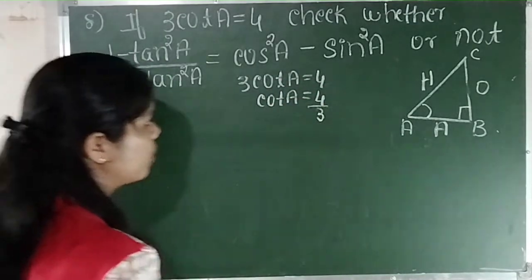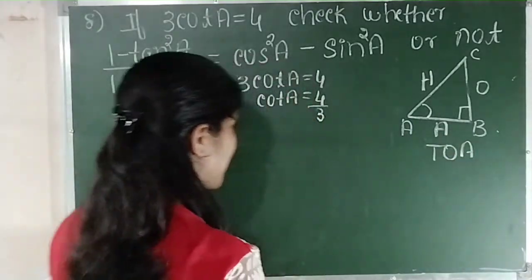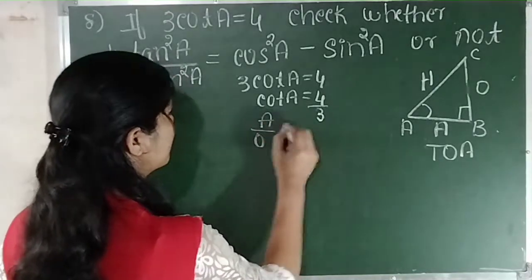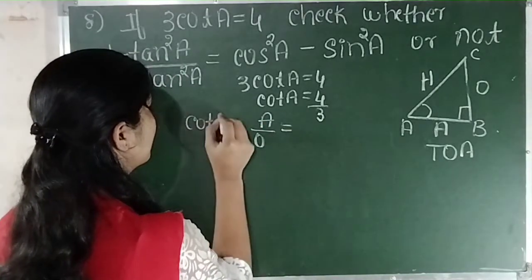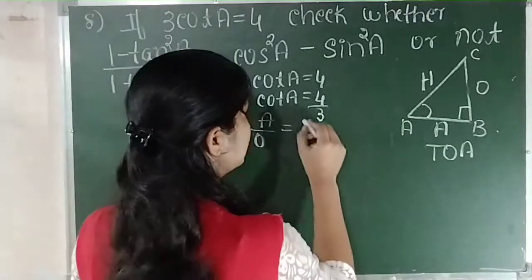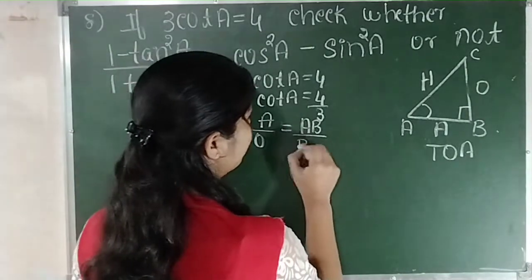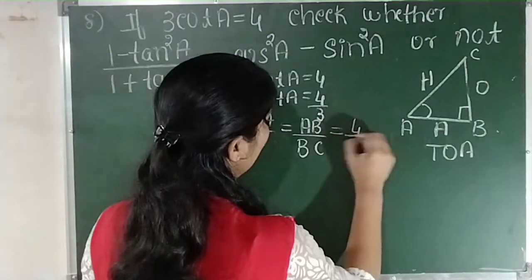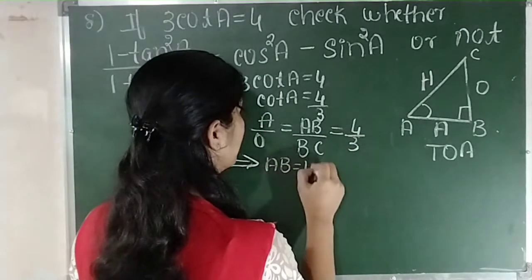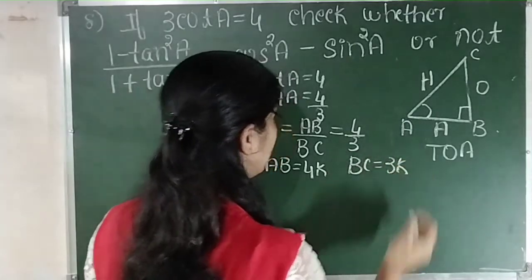We know cot theta is the reciprocal of tan, that is adjacent by opposite. So cot A is equal to adjacent by opposite. The adjacent side is AB and the opposite side is BC. This is equal to 4 by 3. This implies AB is equal to 4K, BC is equal to 3K.